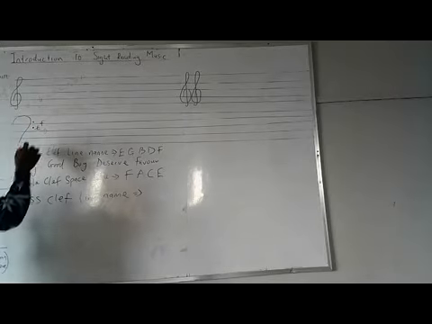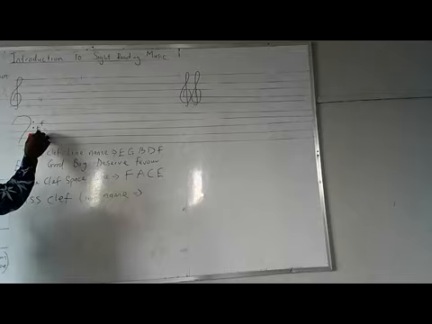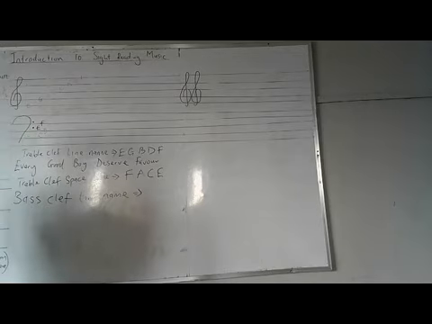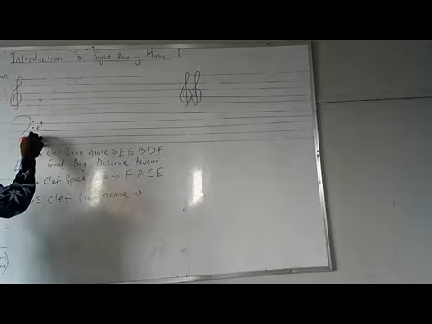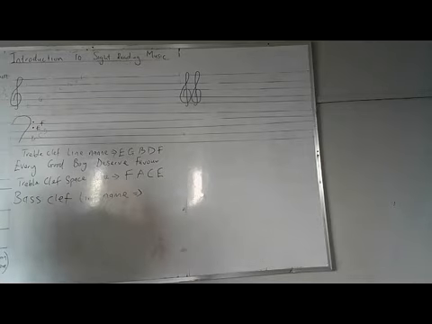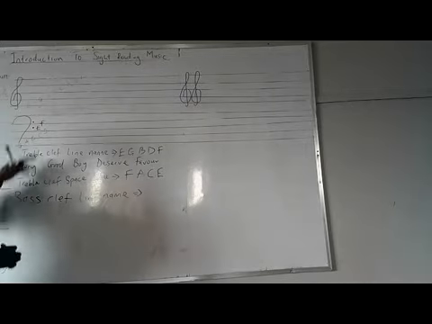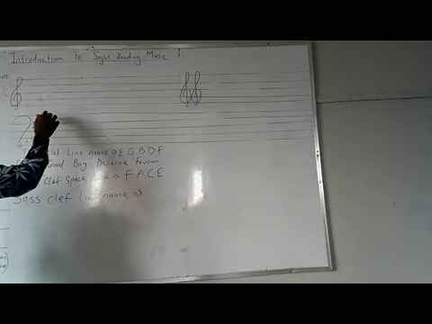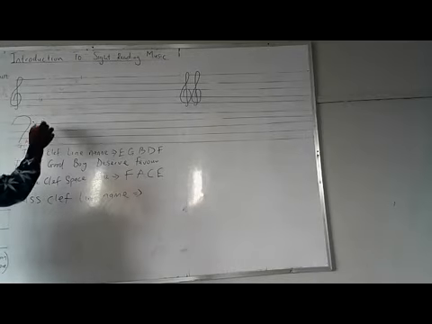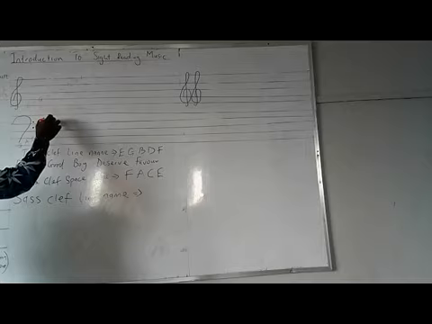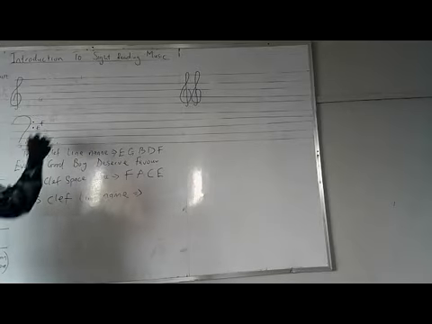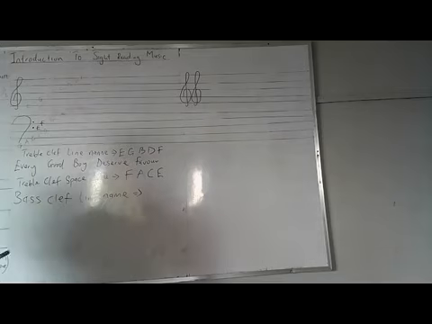D. You are going down: D, C, B, A. And this one will be G, F. So what would this space be? The space here will be G, A. So take note of that.